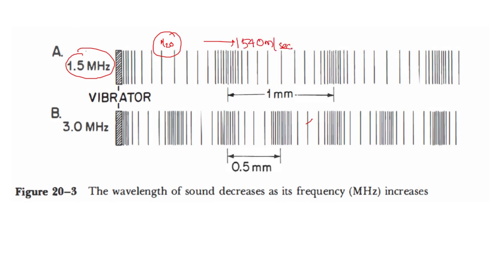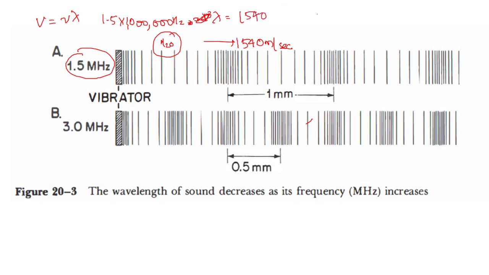So if you wanted to calculate the wavelength, velocity is equal to frequency into wavelength. So 1.5 into 1 million hertz is the frequency, which is nu, into wavelength is equal to velocity, 1540.